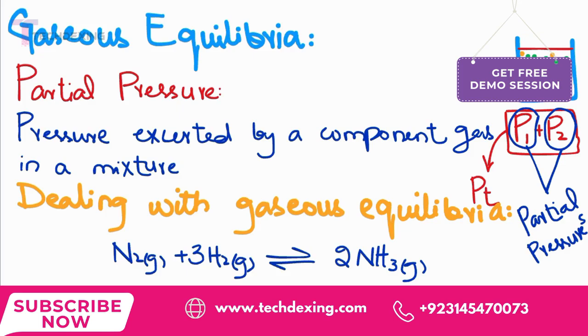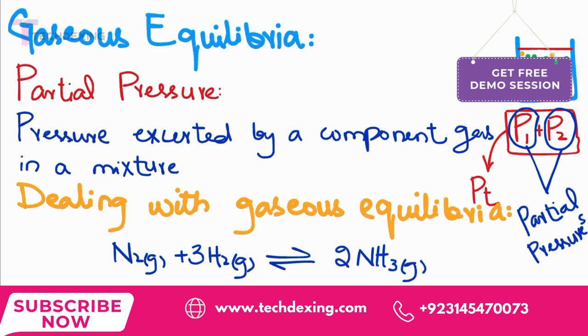So this is a gas phase equilibrium. If we talk about the position of this equilibrium, we have to discuss how much N2 is present at equilibrium, how much H2, and how much NH3 is present in the equilibrium system.